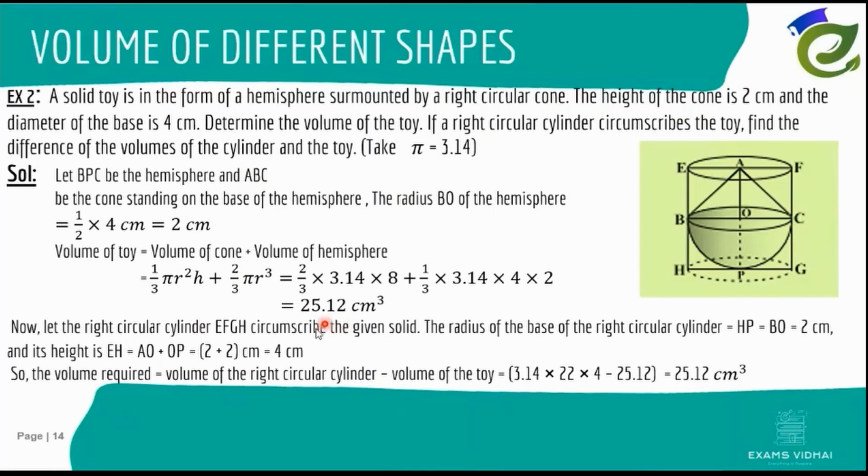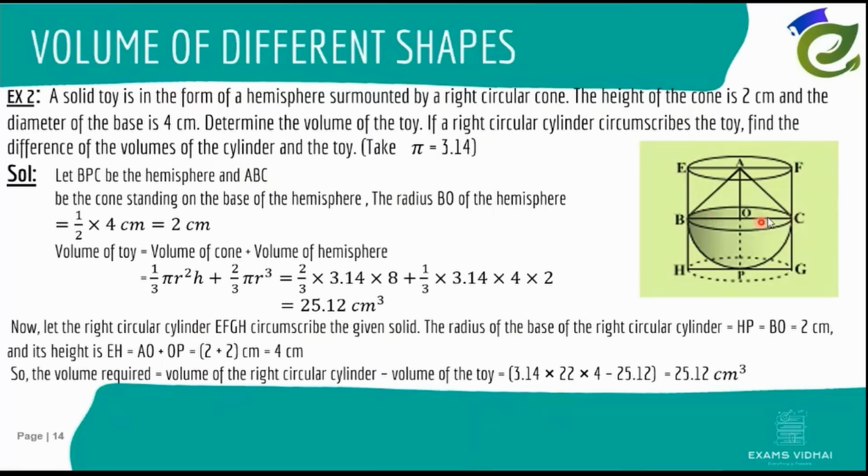And next, calculating the volume of the cylinder. Over here, the right circular cylinder circumscribes the given toy. So the radius of the cylinder becomes 2 centimeters, because the base of the hemisphere is the same as the base of the cylinder.